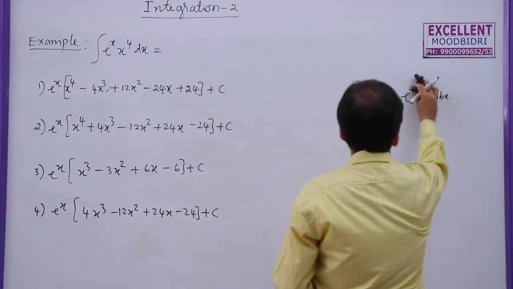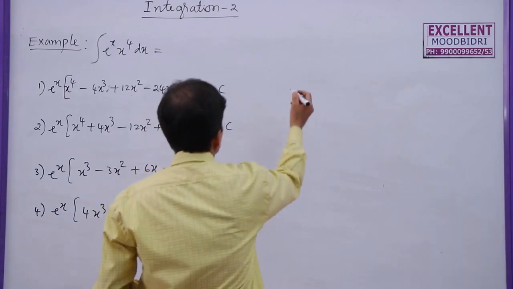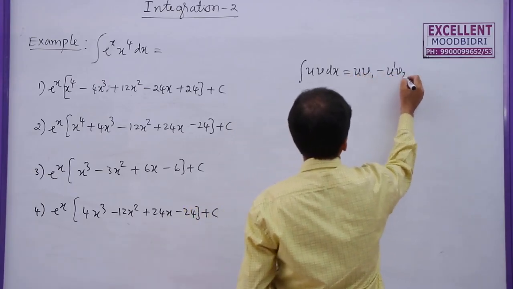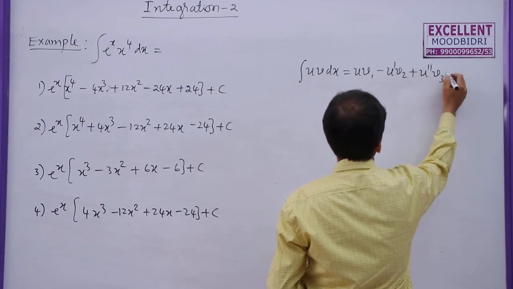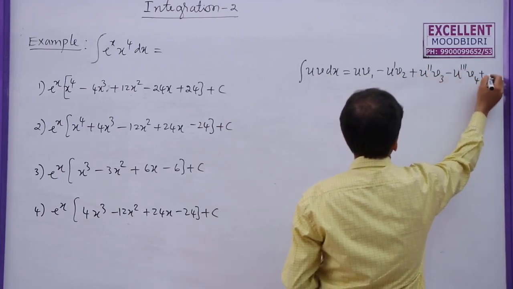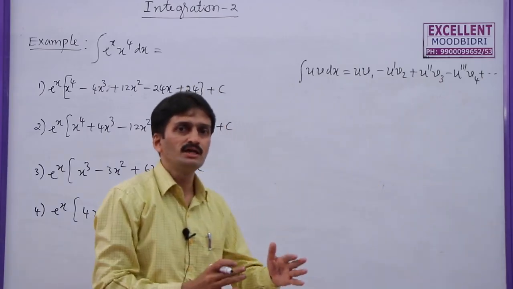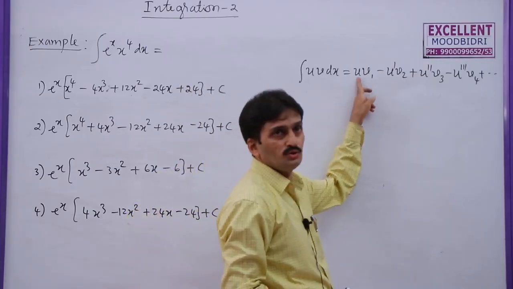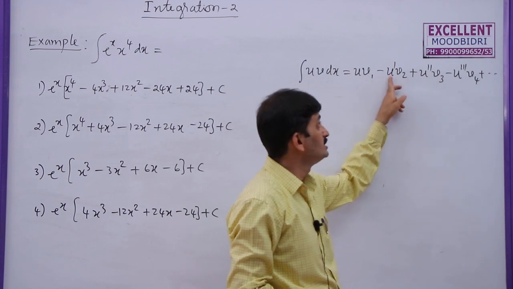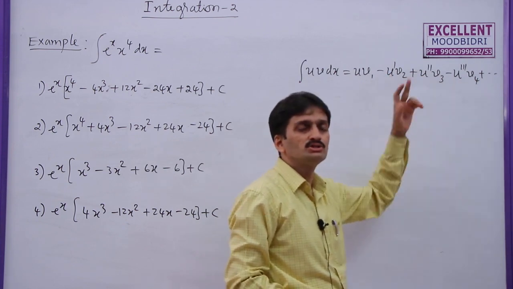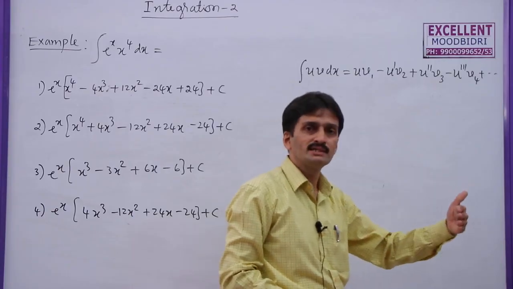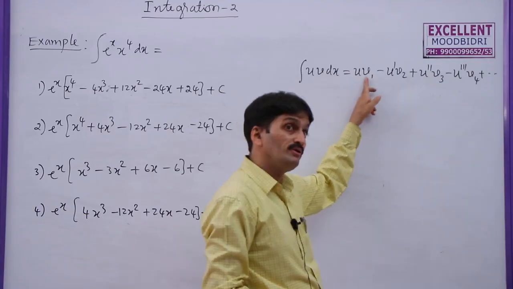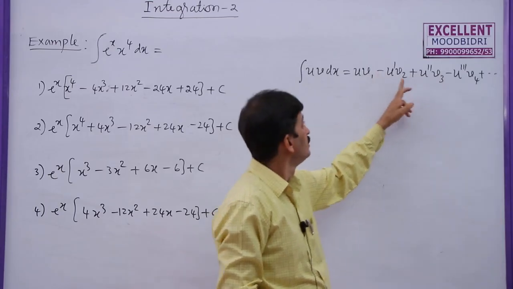The integration of uv dx equals u v1 minus u dash v2 plus u double dash v3 minus u triple dash v4 plus and so on, writing plus and minus alternately. Here u dash, u double dash, u triple dash are successive derivatives of u. v1 is the integral of v, v2 is the integral of v1, v3 is the integral of v2, and so on.